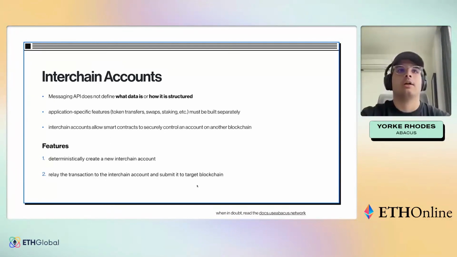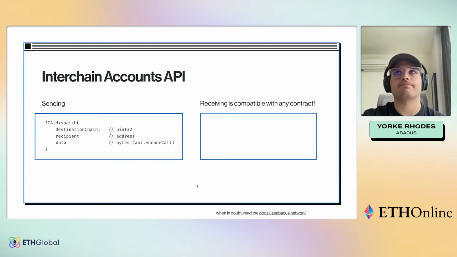The main difference with this API that we're working on deploying right now, probably done in the next week or so, is that you don't have to deploy receiving contracts on every chain.